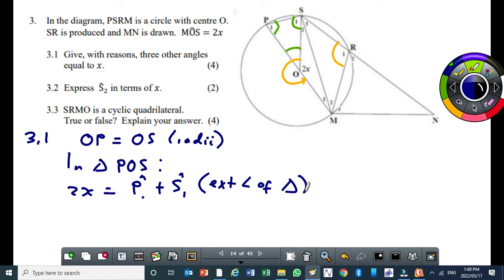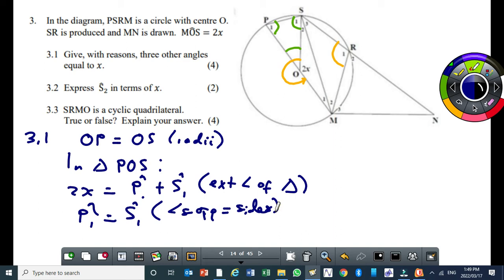All right. So from here now, we know that P1 is equal to S1, and the reason for this is angles opposite equal sides. So what that means is I can put P1 where there's S1, and I can also put S1 where there's P1.